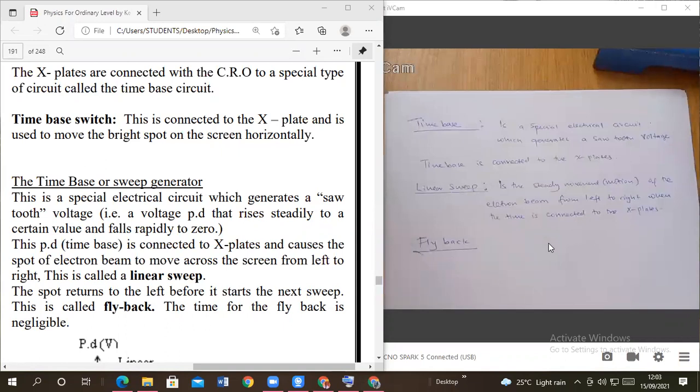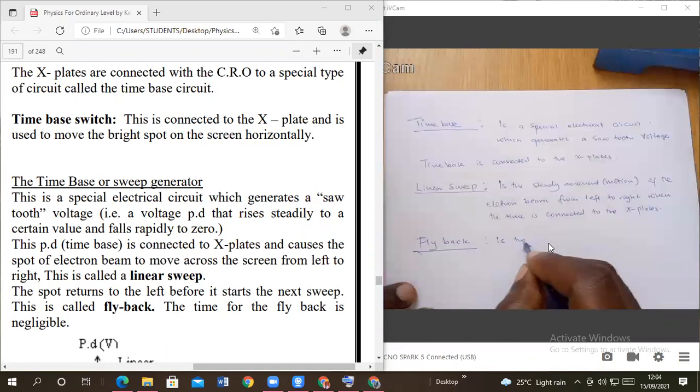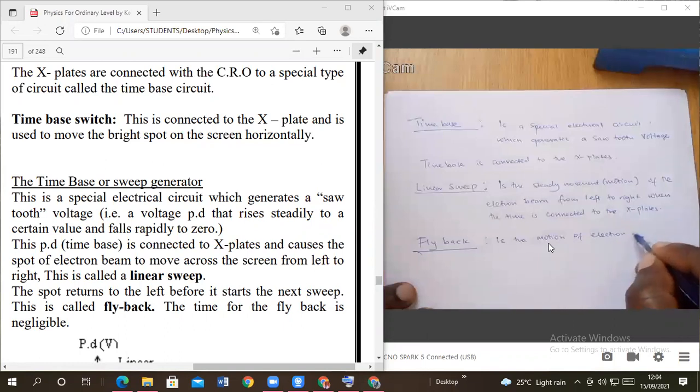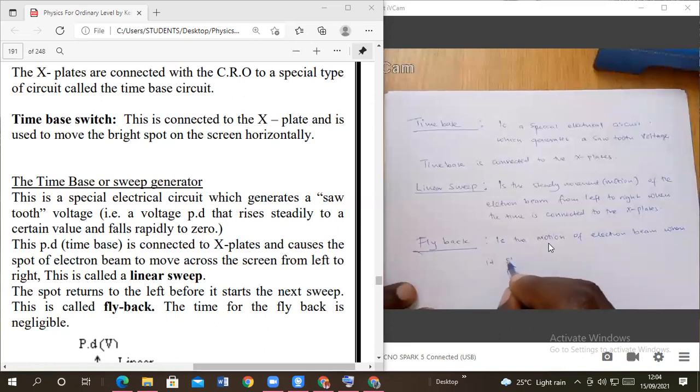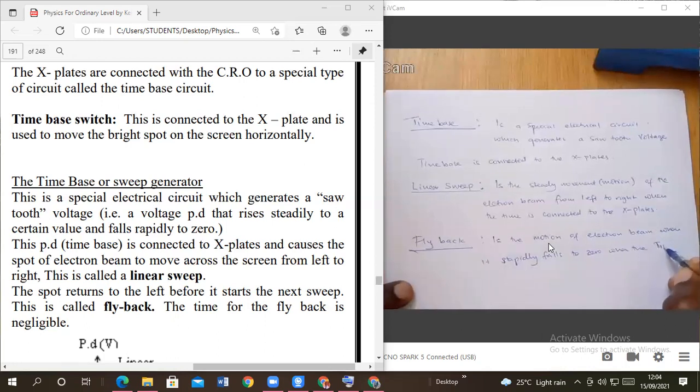Flyback: this is the motion of the bright spot, the motion of the electron beam when it rapidly falls to zero when the time base is connected to the X plates.